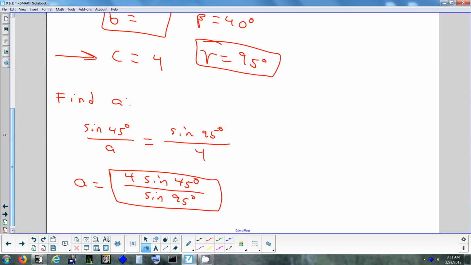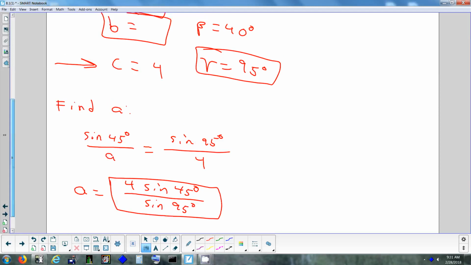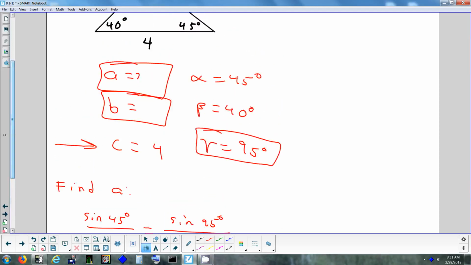Now we just type that in. Did anybody type that in and have the decimal? Yep. What'd you get, Caleb? 2.839. Okay, all I can say is that it seems reasonable because I know 95 is the biggest angle, so I know my answer had to be smaller than that.